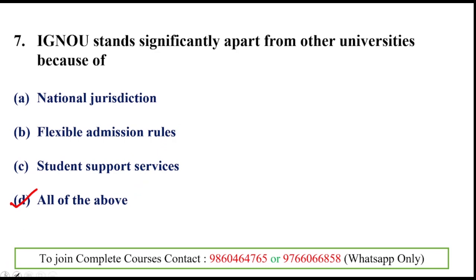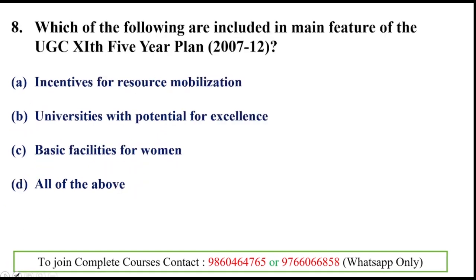Clear? Then moving to next one. Which of the following are included in the main features of the UGC 11th 5-year plan? That's 2007 to 2012. And under this 11th 5-year plan, what is the main feature of UGC? And which are given as main features for UGC under the 11th 5-year plan?